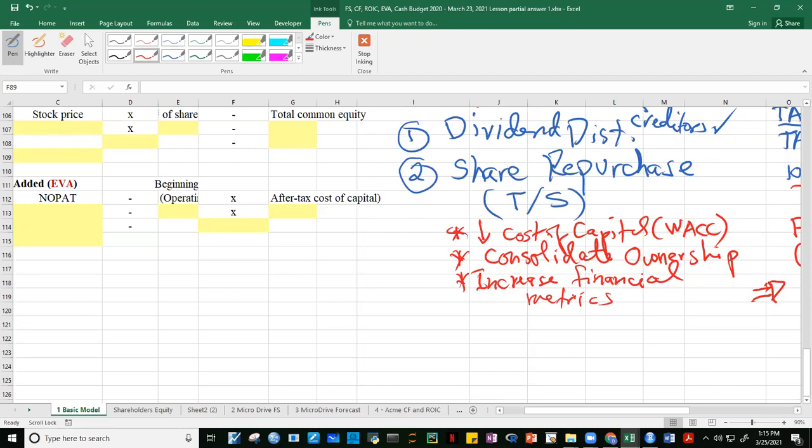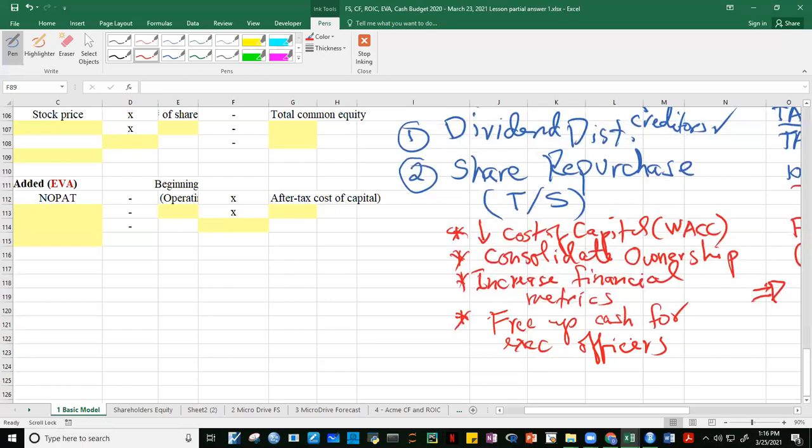Okay, and sometimes the number 4 reason, and this is the most debatable one, free up cash for usually executive officers. This is the bone of contention.